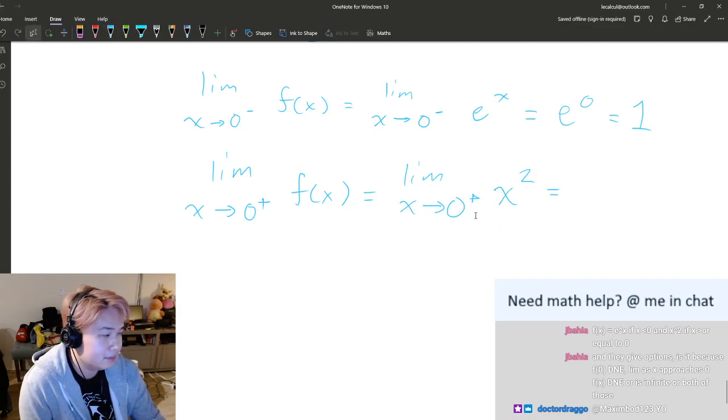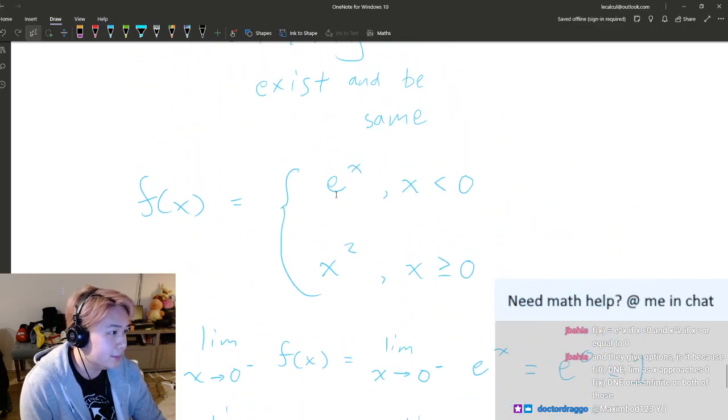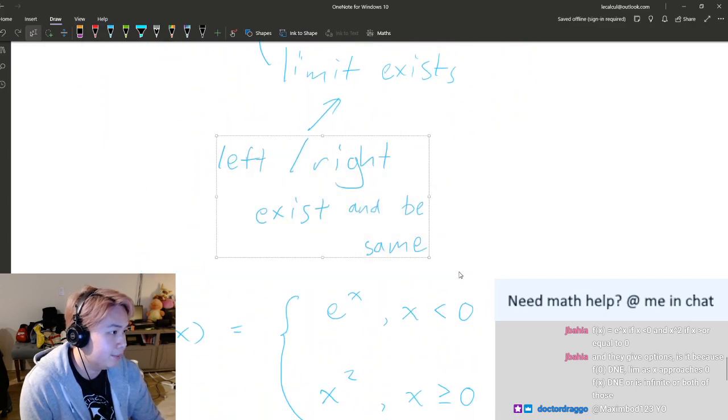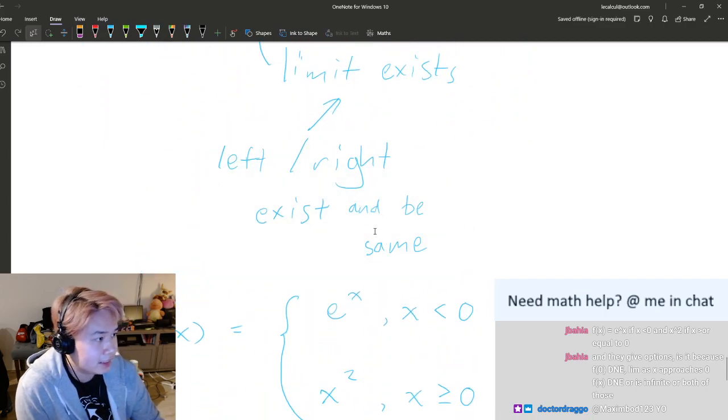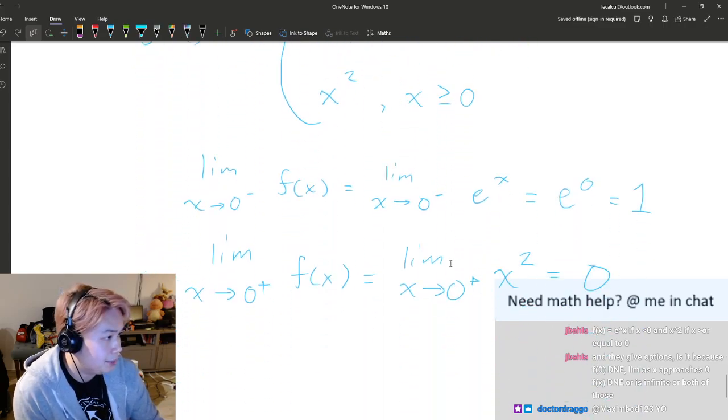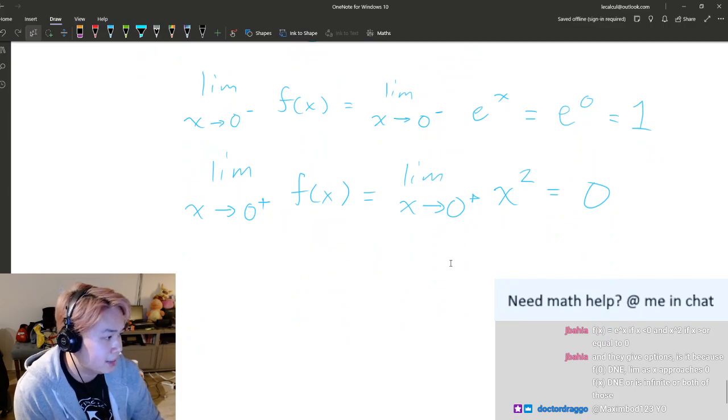Now, again, we can just plug in 0 to find this limit. It's 0. So out of all of our implications to see if something is continuous, it stops right here. The left and right side are not the same, so the limit doesn't even exist. So whichever option says that is your answer.